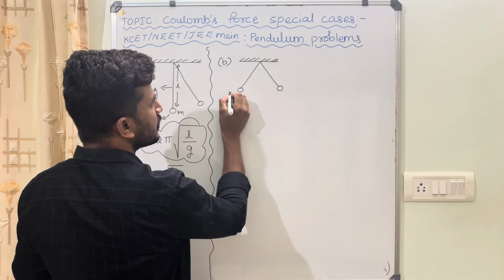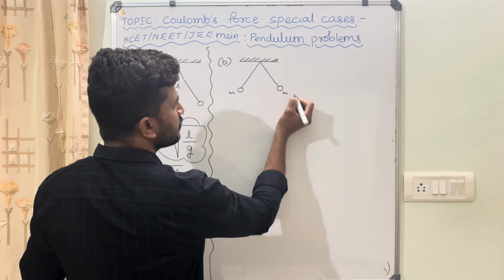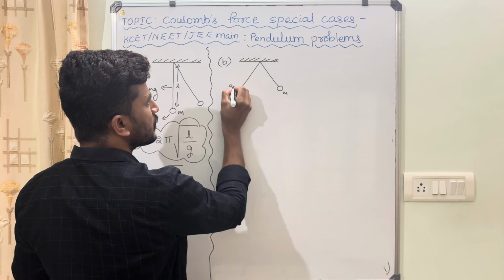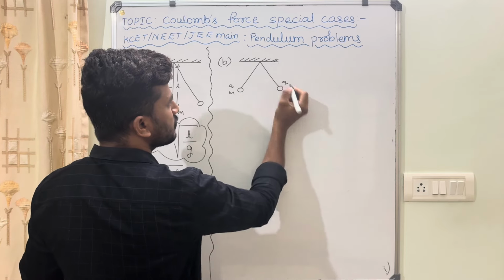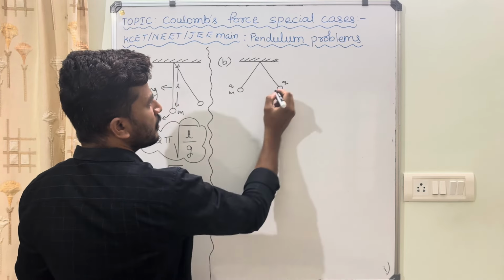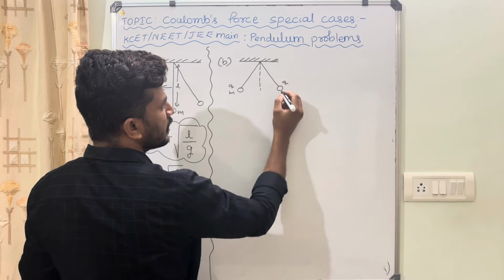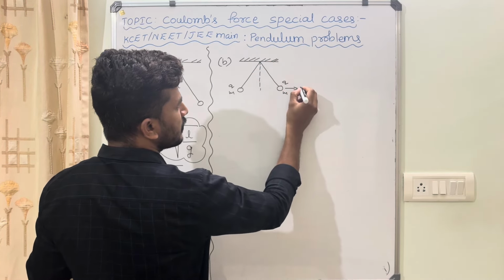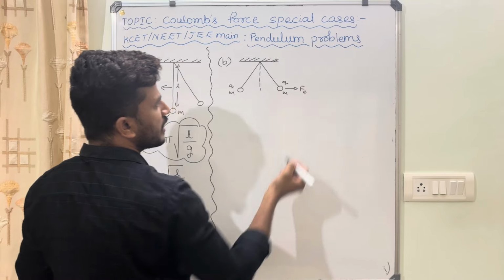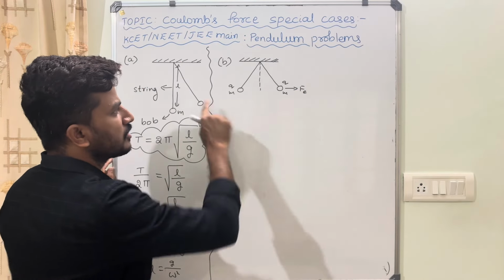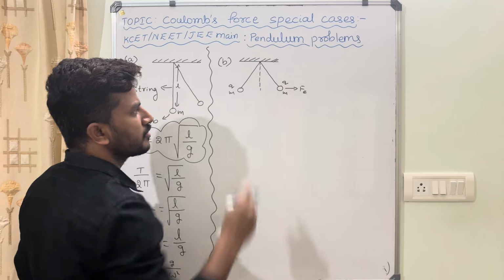This is mass M, and this one also has mass M. This has charge plus Q, and this one also has charge plus Q. Now, because of the electrostatic force, they repel each other. Let's consider this is the force acting on the charge, this side as well as this side. I will focus on one charge.